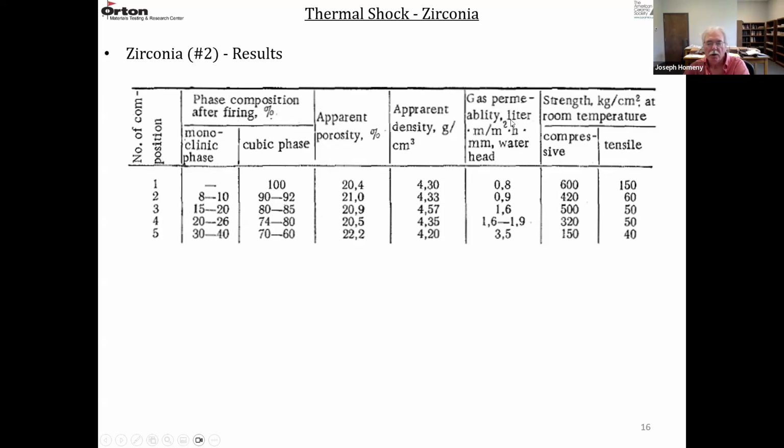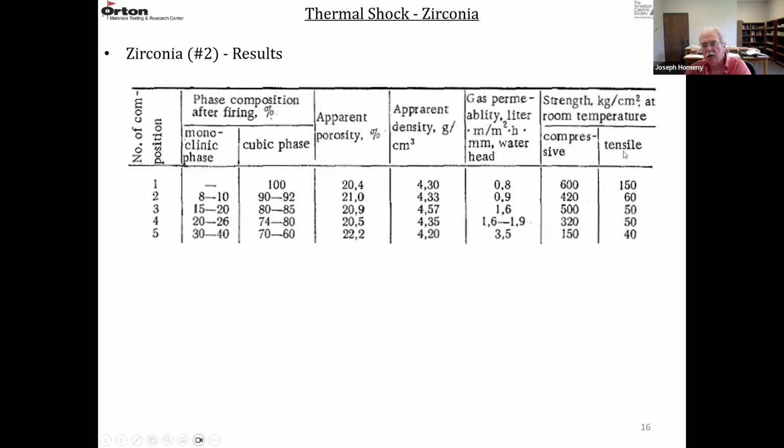They also measured the permeability to see if this porosity was interconnected. At the higher monoclinic phase content, there was some permeability. I suspect as the monoclinic phase content went up, the microcrack density went up, so it's a little more permeable on these higher monoclinic materials.